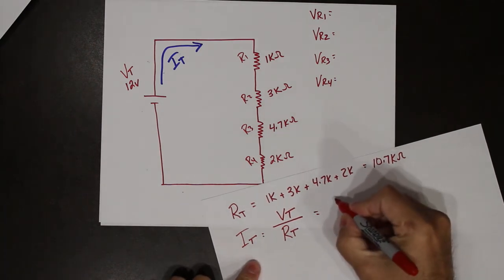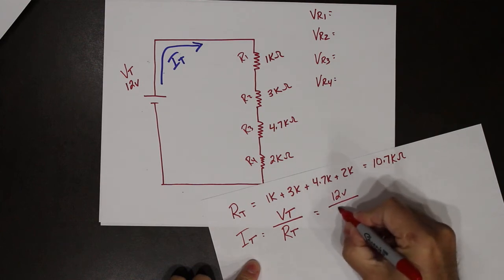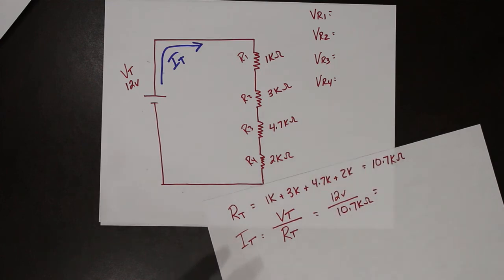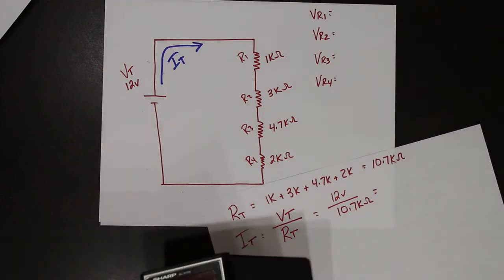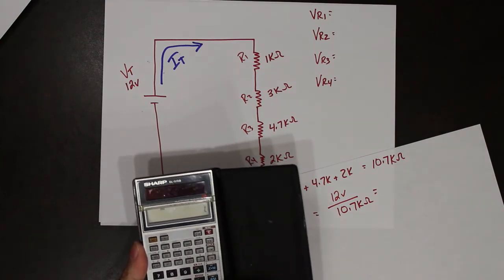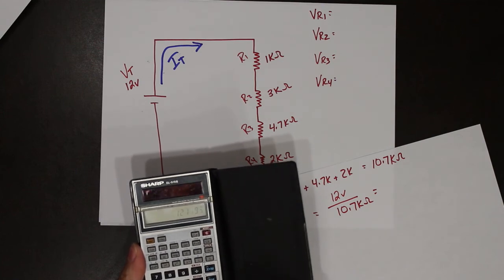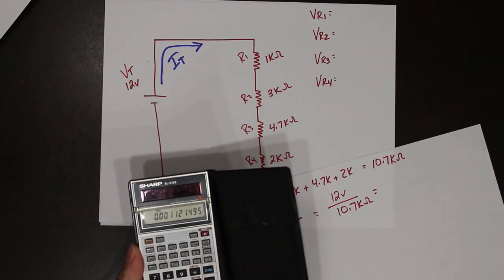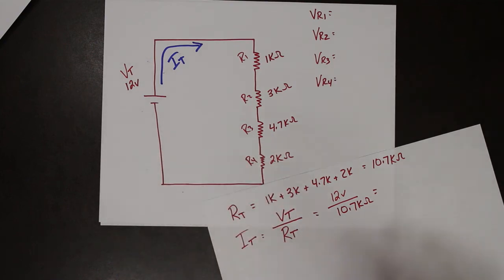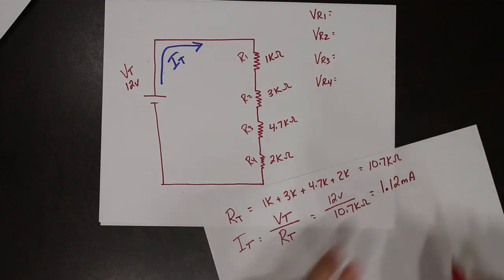So we have 12 volts divided by 10.7 kiloohms equals 1.12 milliamps. How you doing so far?